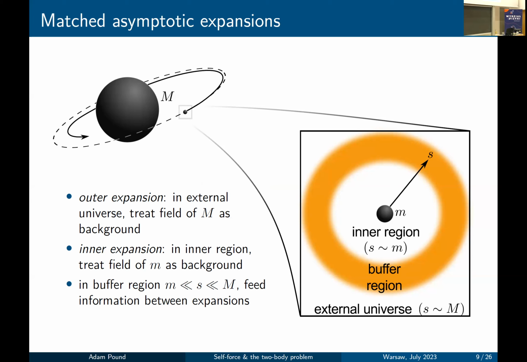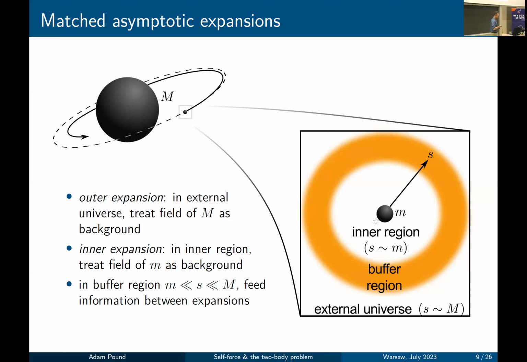So out in the external universe, you're looking at distances of order the external length scale that is insensitive to the small body. So let's call that the external universe. In this little region, I'll call the inner region, we're looking at scales comparable to the size and mass of the small body itself.